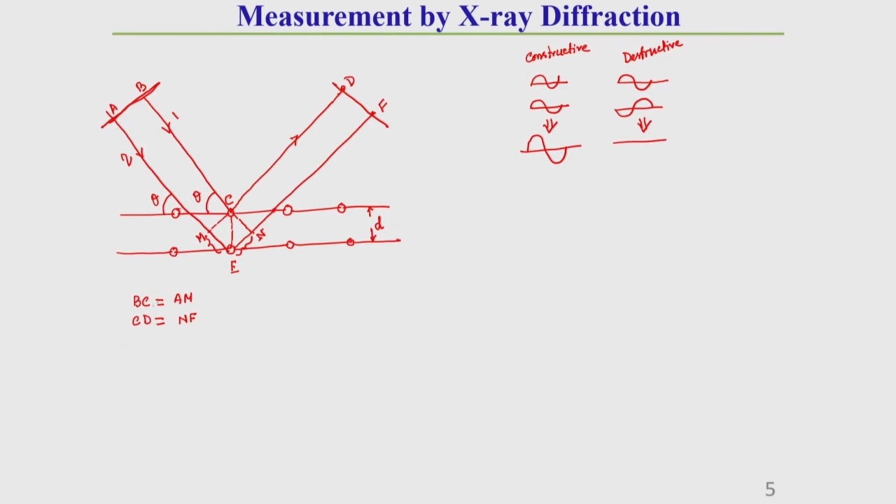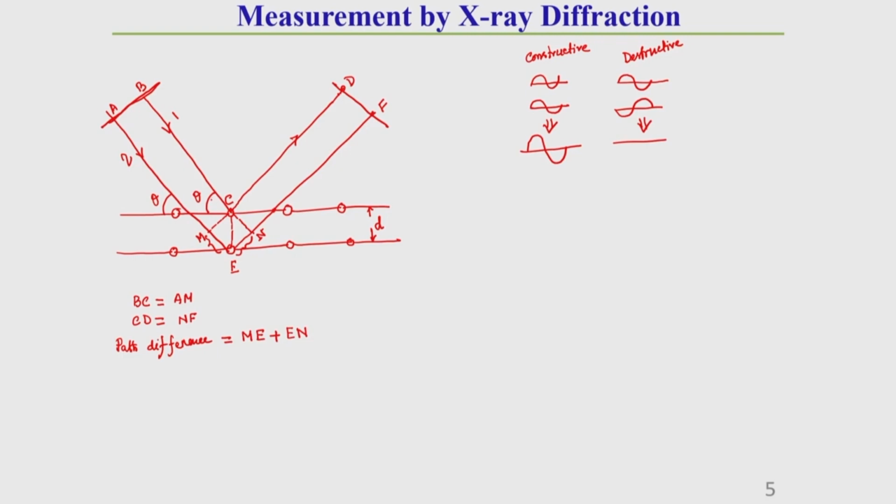The path difference of these two waves we can write as ME plus EN, correct, ME plus EN. So, we are interested to find out what ME plus EN is.